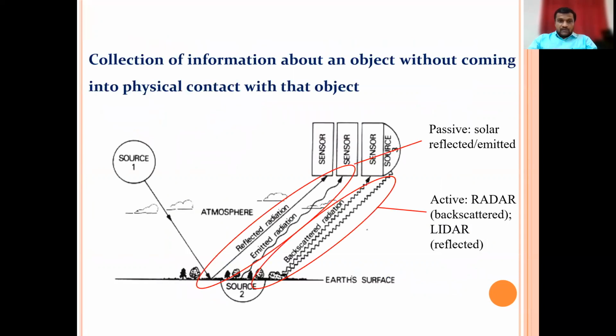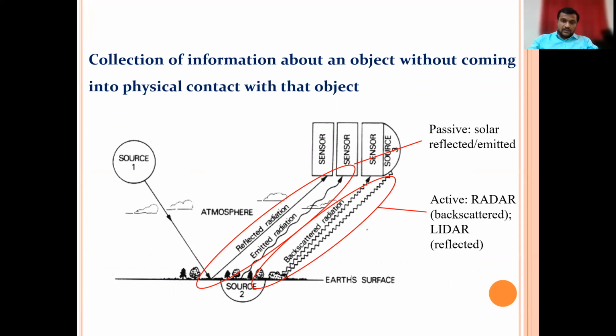Whatever data we are collecting through the remote sensing process is a kind of energy that is coming from the object. That energy is either reflected from the target on the ground or emitted from the target. Sometimes the energy coming from the sun is absorbed by the features on the earth surface. This absorbed energy will be emitted after some time, generally at night time.